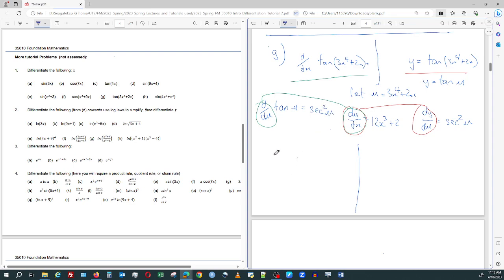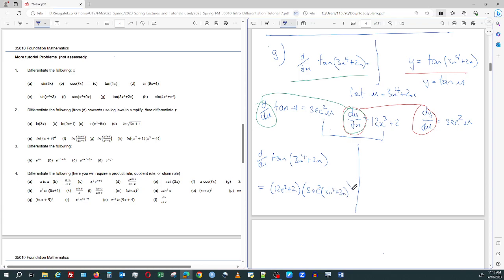So we put our chains together, and it means that the d dx of tan 3x 4 plus 2x is equal to, the chains are put together, that's this pair for the green one, so put it in a bracket, 12x3 plus 2 sec squared u itself was 3x4 plus 2x.